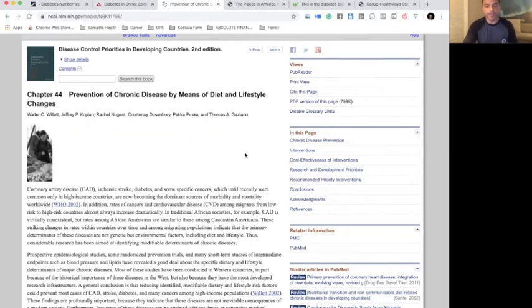In Finland, what they realized is that when they talked to farmers, doctors, psychologists, and schools, they were able to reduce the cardiovascular rate. For people ages 35 to 64, the cardiovascular rate dropped by 57%.